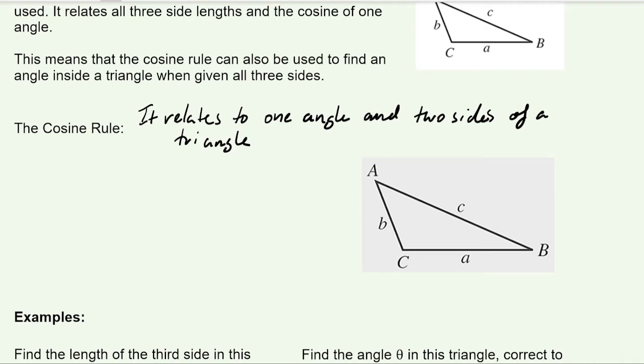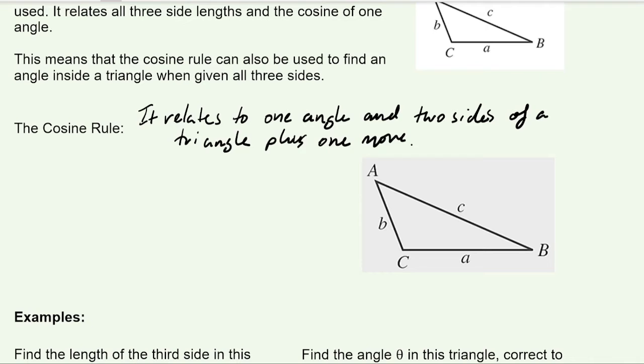So that's all it needs. It could be any three sides of the triangle, plus one more we'll put there. So it's really three sides of the triangle and just one of the angles.